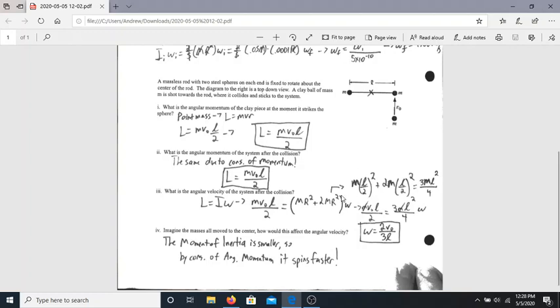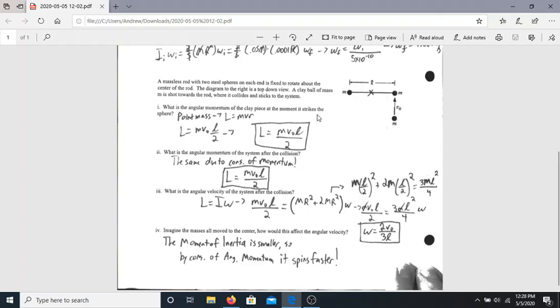We replace the big M with the little m, just to represent the mass, and we replace the radius with the distance from the turning point, which is L divided by 2 because it's half the length of the rod. When we do that, the full moment of inertia of this whole system is equal to 3m times the length of the rod squared divided by 4.